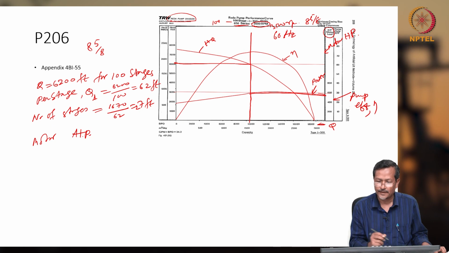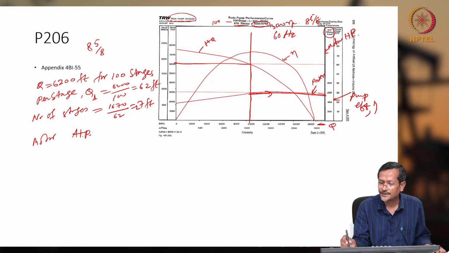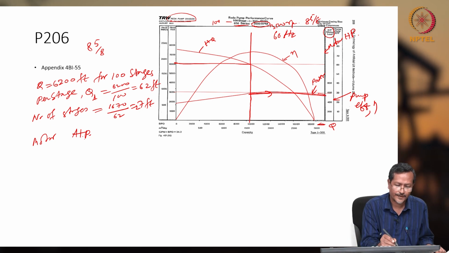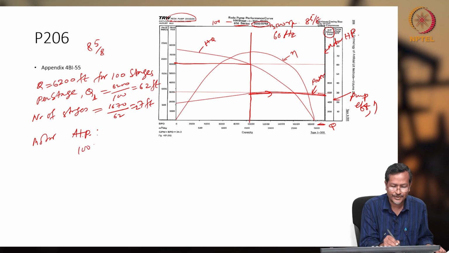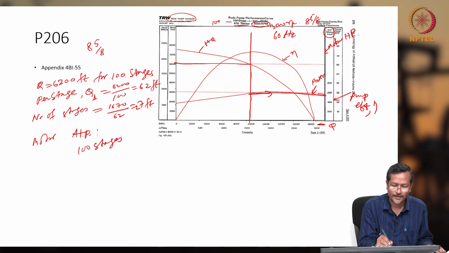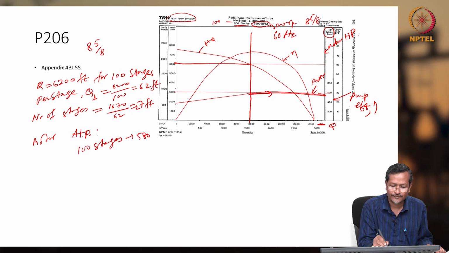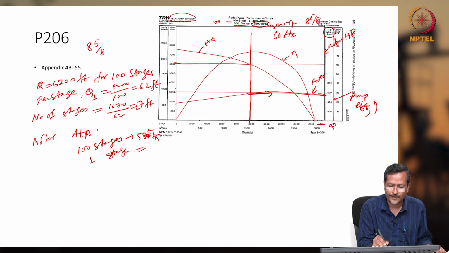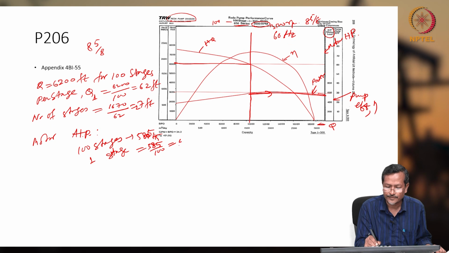If you go to the right side, you can see motor horsepower becoming around 585 for 100 stages, 585 HP. So for one stage, 585 divided by 100, so 5.85 HP.